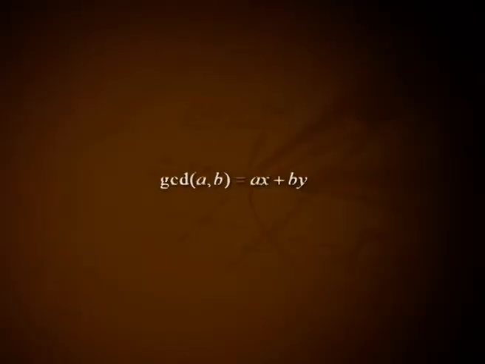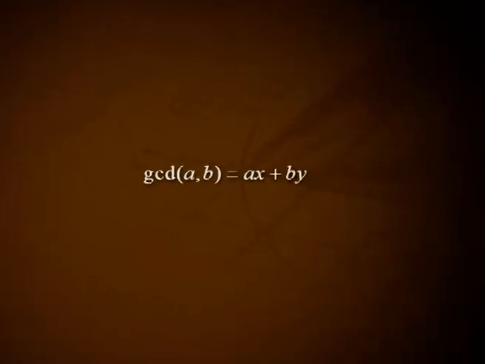Theorem 2. Given integers a and b, not both of which are 0, there exist integers x and y such that gcd(a, b) = ax + by. Proof. Consider the set S of all positive linear combinations of a and b, that is, the set of all au + bv such that au + bv > 0, u, v integers.